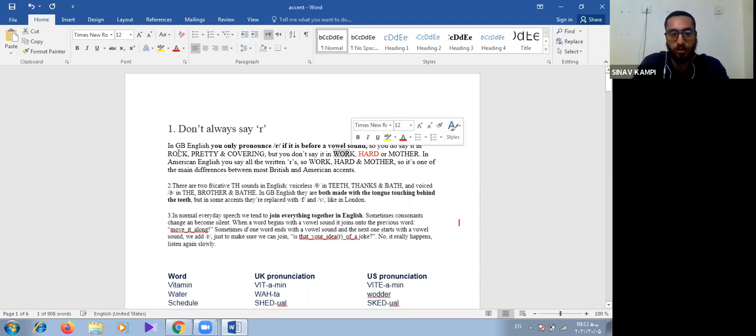But if the word starts with an R, you don't drop that R, you pronounce the R, okay? But one of the main differences is that in America, they say the R. In United Kingdom, in Irish accents also, or a Scottish accent, they don't pronounce the R, okay? So this is one of the main differences.